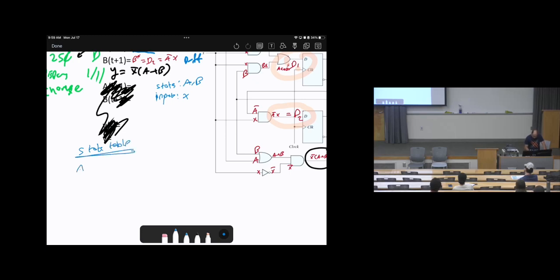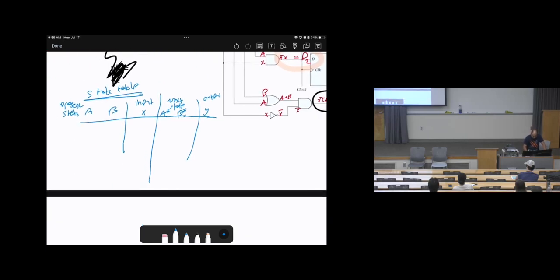Here is state A, here is state B. Those relate to the present states. Okay? Then we have the inputs, which is X. Then we have next states, which is A star, B star. Then we have the output Y. Okay? Do you agree with me? This is the generalized state table.